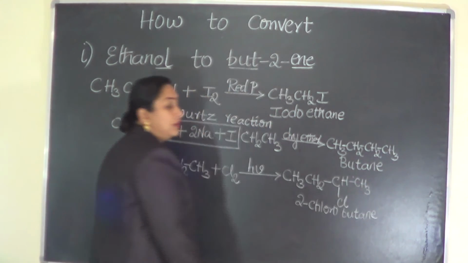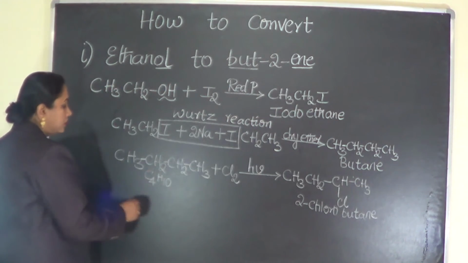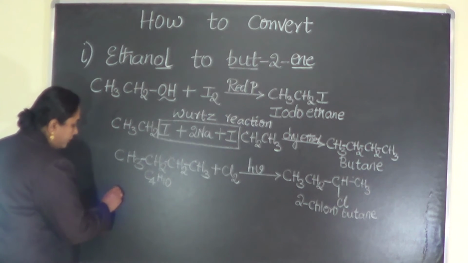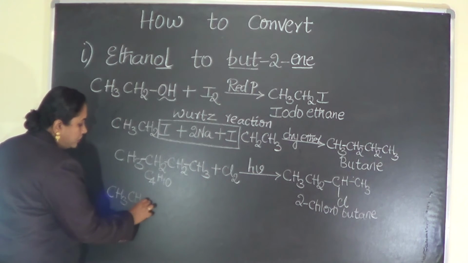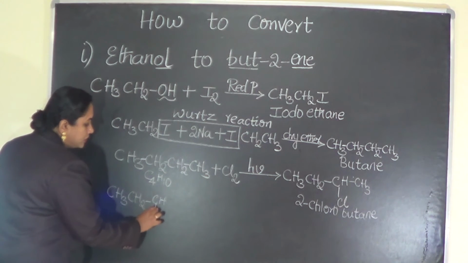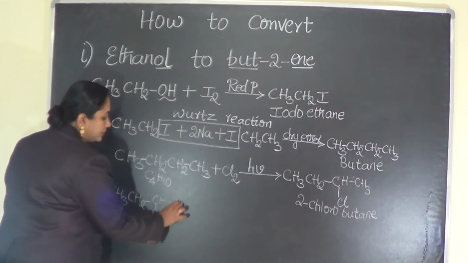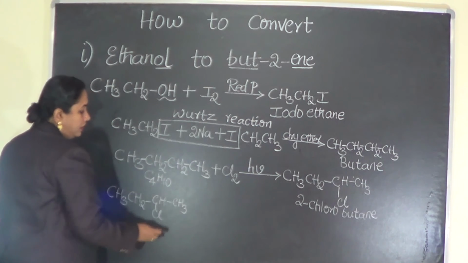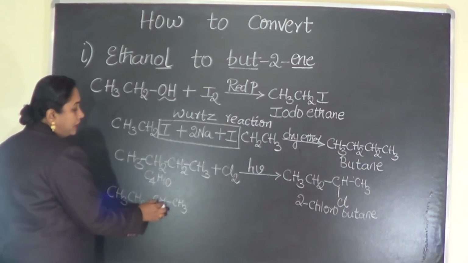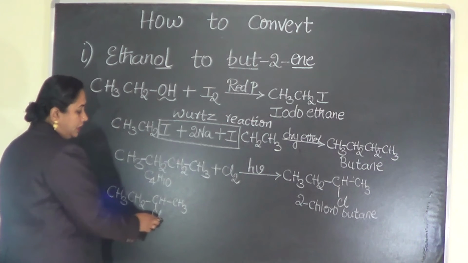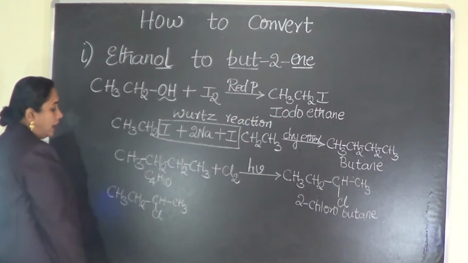Now this 2-chlorobutane, CH3CH2CHCH3, the hydrogen from this carbon atom has been removed as HCl, and in that place, Cl has been added.